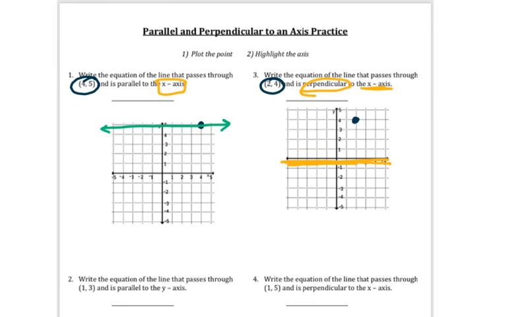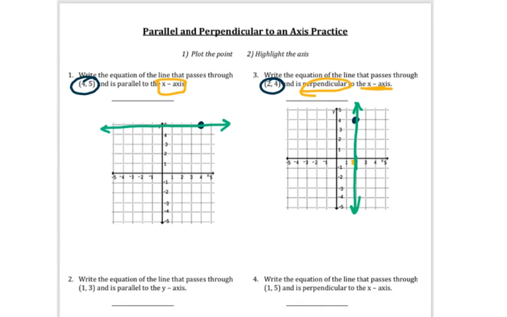Perpendicular lines would go like this. So that's perpendicular to the x-axis. Perpendicular crosses at a 90-degree angle. So that's my line. I want you guys to write the equation of this line. It cuts through which axis at what number?